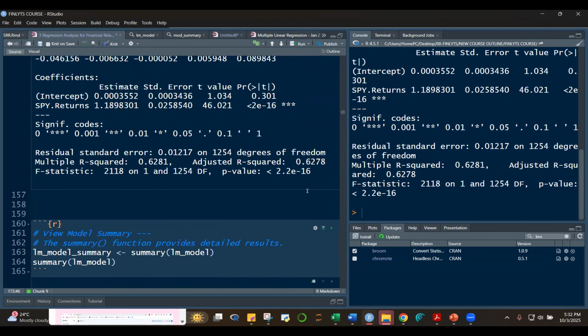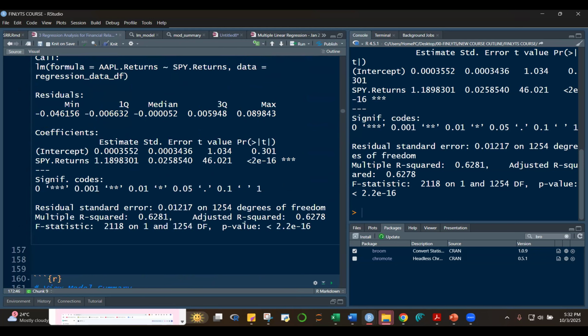Okay, and just one other thing here. Notice that there's adjusted R squared here. Adjusted R squared, class, tells us how good our model is. This is telling us that approximately 63% of the variability of Apple returns can be explained by our model.